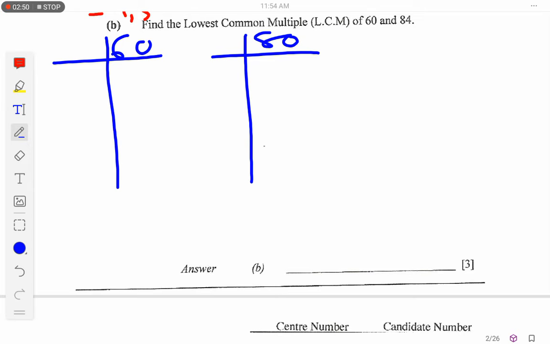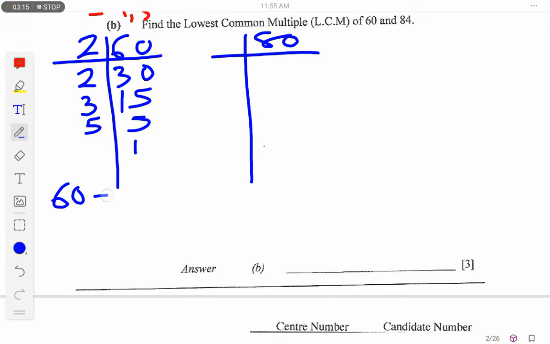Okay, so for 60, you find out the lowest factor that can go into that one using prime numbers is 2. 2 into 60, we have 30. 2 into 30 again goes there, 15. Then the next one, we can no longer use 2, so we're going to use 3. 3 into 15, that's a 5. 5 into 5, we get a 1. So meaning for 60, we have got factors 2 times 2 times 3 times 5.